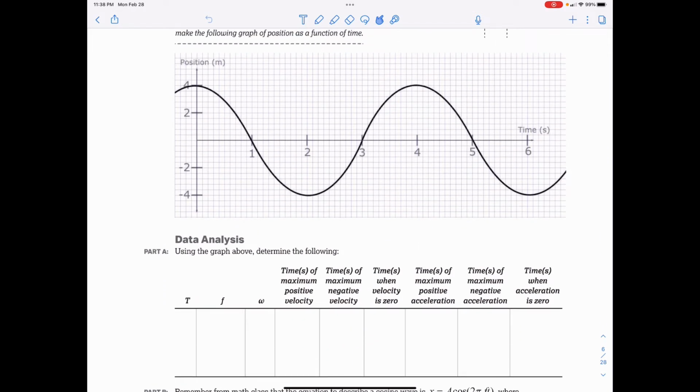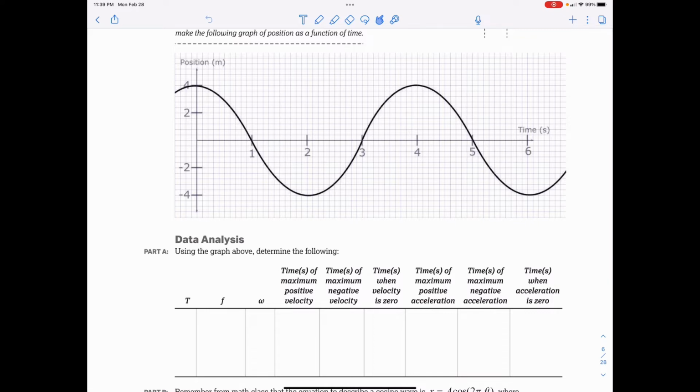Using the graph, determine the following. We have to determine T, the period, f, the frequency, omega, time or times of maximum positive velocity, the times of maximum negative velocity, times when velocity is 0, time or times of maximum positive acceleration, maximum negative acceleration, and when the acceleration is 0.